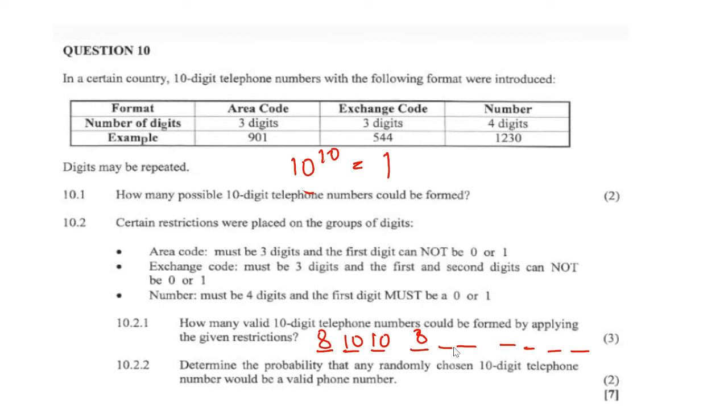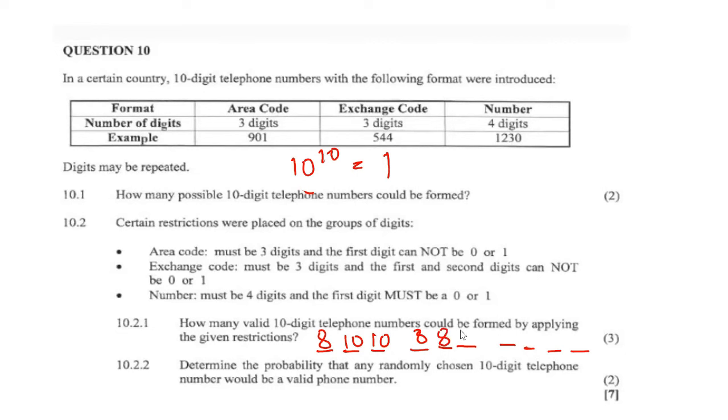In the second position, the second digit cannot be 0 or 1, so this still leaves us with a sample space of 8. We can only choose from 8 digits, excluding 0 and 1. Then on the third digit of the exchange code, there is no restriction, meaning we can choose from the 10 that are available.